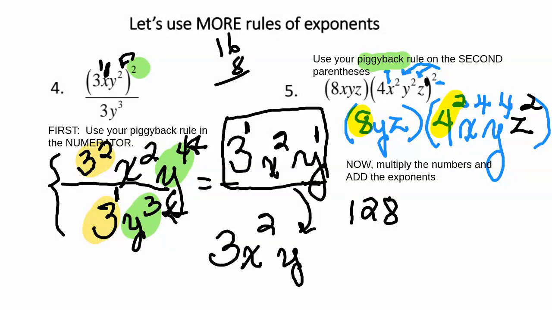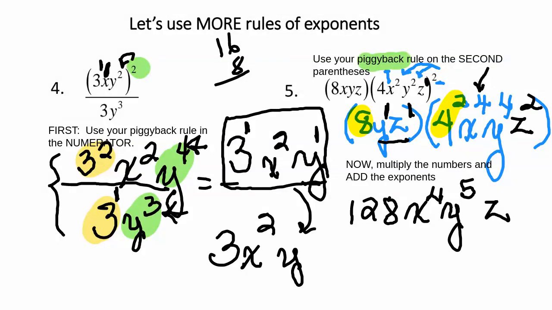Now, if I look here, I have a yz. But do you notice that I have an xyz? X to the 4th is going here. Now the y behind the 8 has a power of 1. That means this is y to the 5th power. And how many z's do I have? I have z cubed. So my answer is 128 in this case.